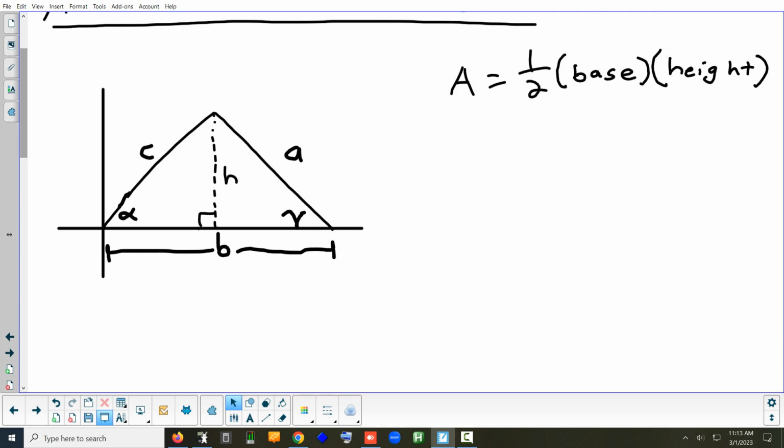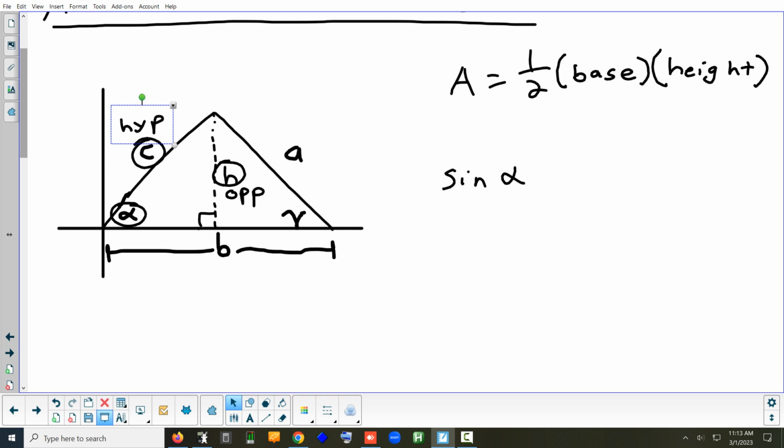Let's see if we could come up with a formula to find the height. And let's use this angle. You could do it from this side, but let's do it from this side. What position is H relative to alpha? Opposite. And how about C? Hypotenuse. And what trig function has opposite and hypotenuse? Sine.